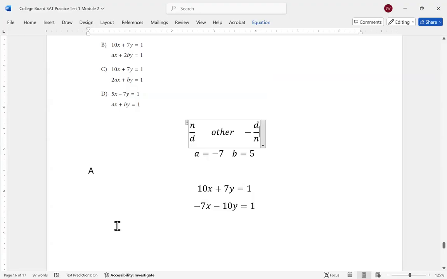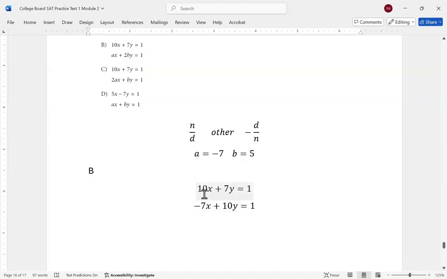Let's take a look at B. Actually, let's erase A here. B also has first line of 10x plus 7y equals 1, and the second line, if we use the A of -7, B of 5, would be -7x plus 10y equals 1.